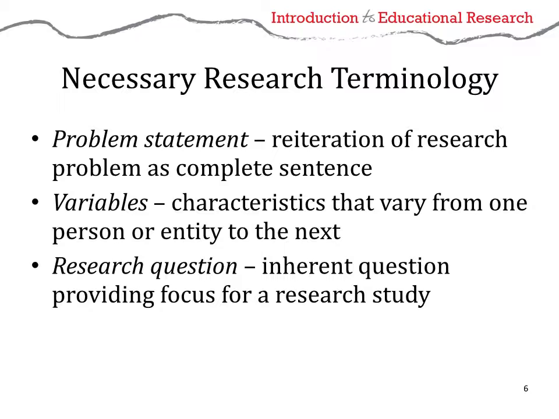And you're also going to have a research question. And this term, variables: these are characteristics that vary from one person or entity to the next. We talked a little bit about independent and dependent variables last time. You're going to want to think about variables as characteristics, especially when you're looking at correlational research, where you have a lot of different characteristics or variables that you may be looking at or considering inside of a person or population.